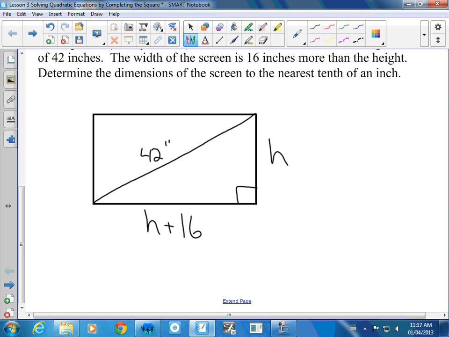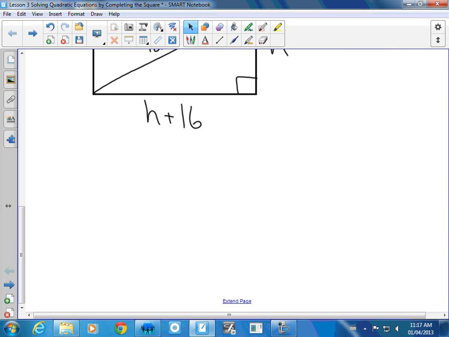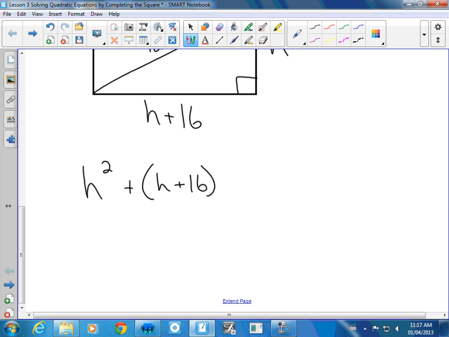What you're telling me is the square of one of the sides, let's do h squared, plus the square of what? h plus 16 squared equals, what does it equal? 42 what? Squared, right? Don't forget everything has to be squared, because that's the basis of the Pythagorean theorem, right?